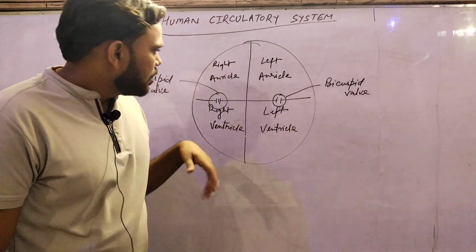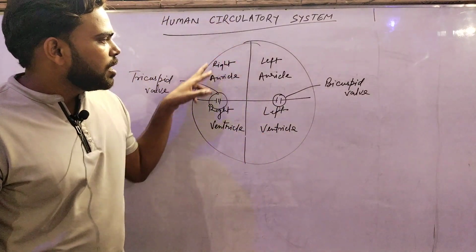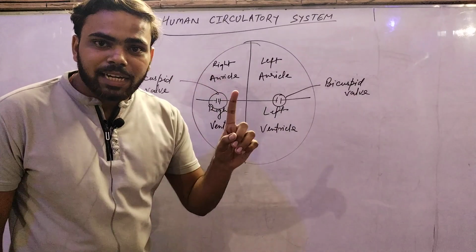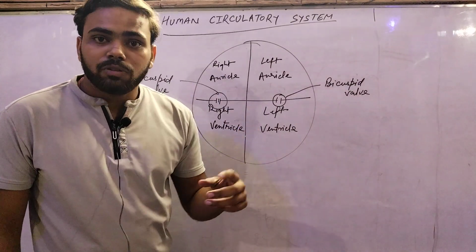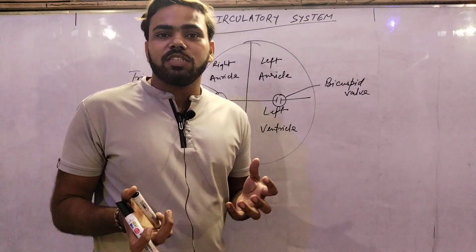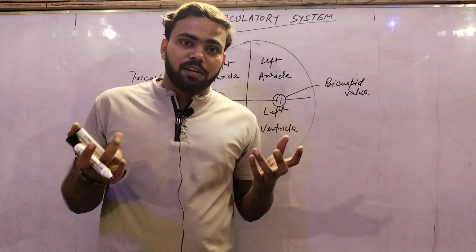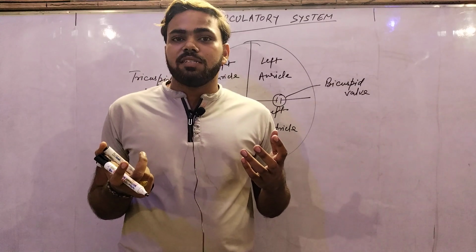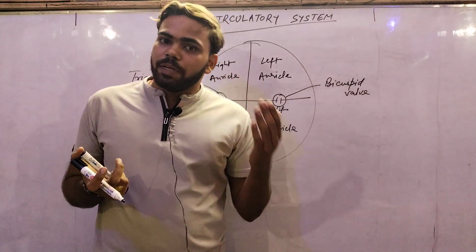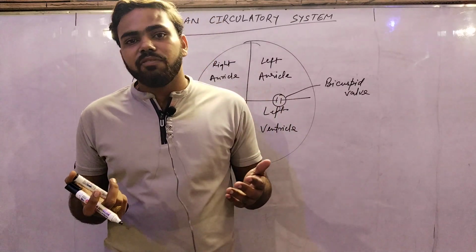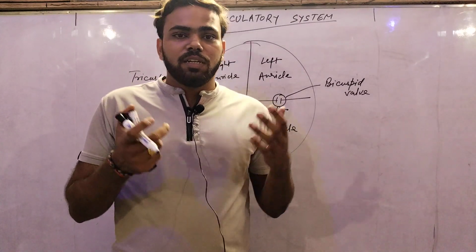So first, the right auricle will be the first site to receive the deoxygenated blood. Now the question arises, where does the deoxygenated blood come from? So our answer is from the 3 vessels, which are superior vena cava, inferior vena cava and the coronary sinus.